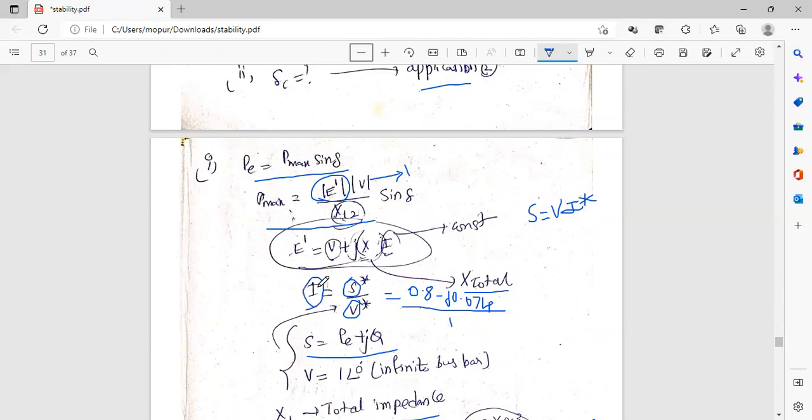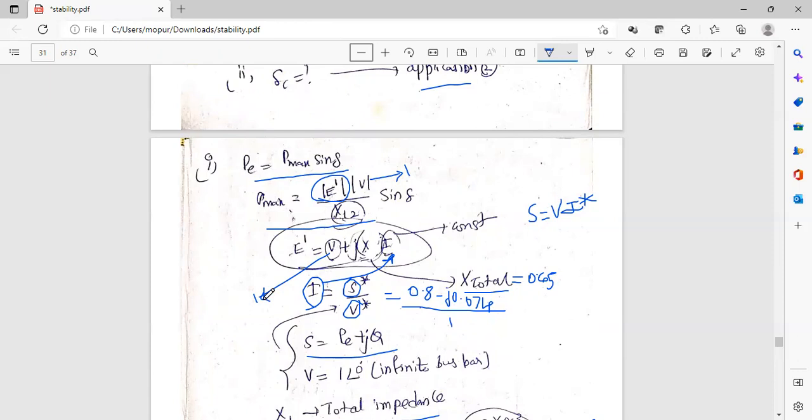You substitute this current here, and you will get E dash. First we should find the value of I by using S and V. Then substitute the value of I in the E dash equation to get the value of E dash.